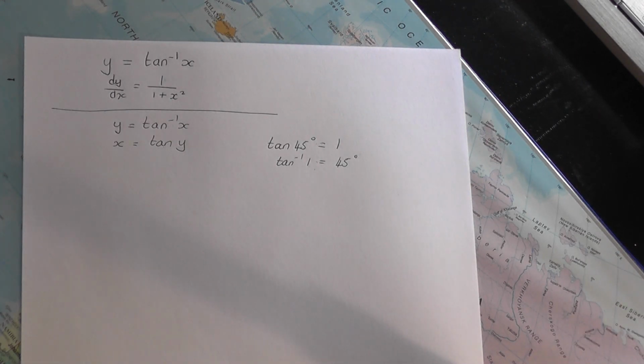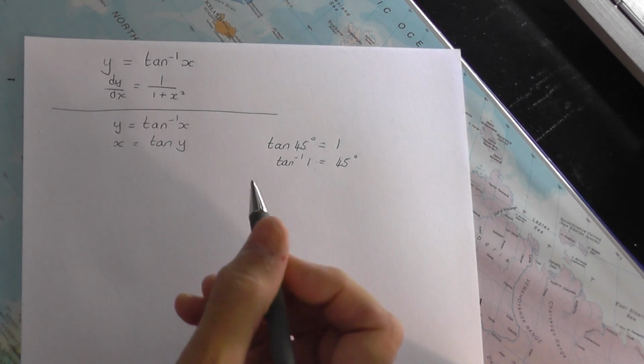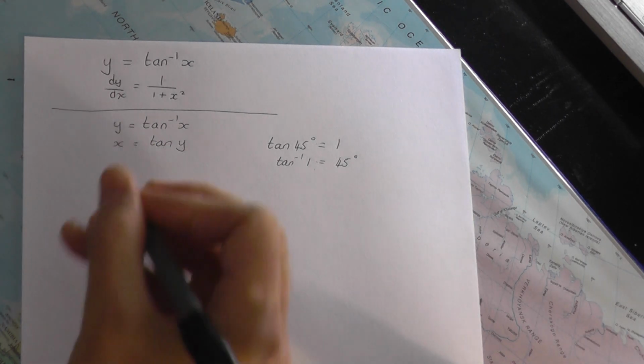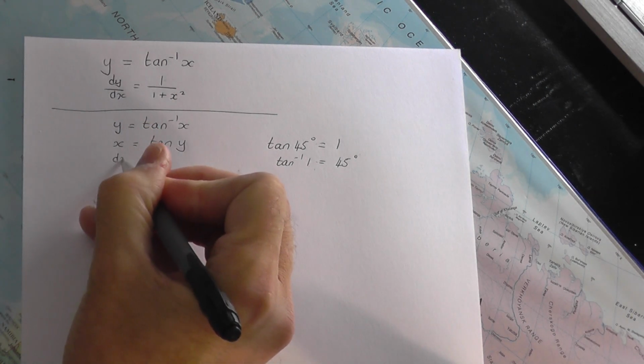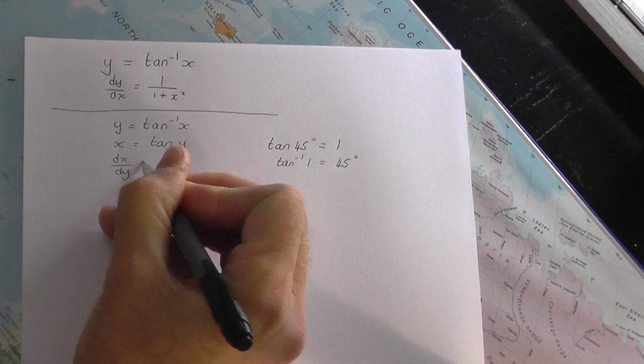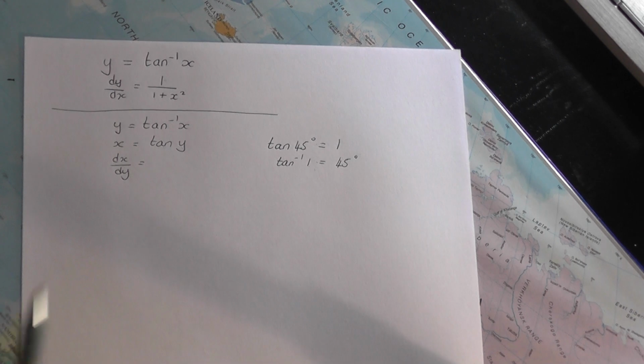So why have we done that? Well, because now that we've got x equals so many y's, I can work out not dy by dx, which is what I'm trying to find, but dx by dy. It's just the same thing, but with the letters interchanged. You don't need to worry about why you're allowed to do this, which comes from proof from first principles.